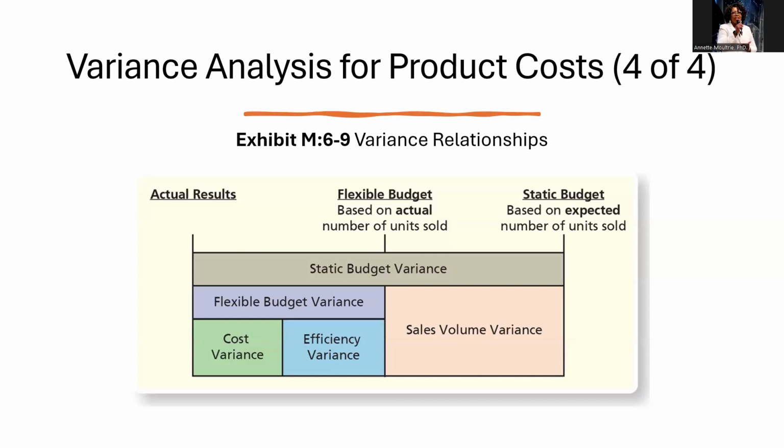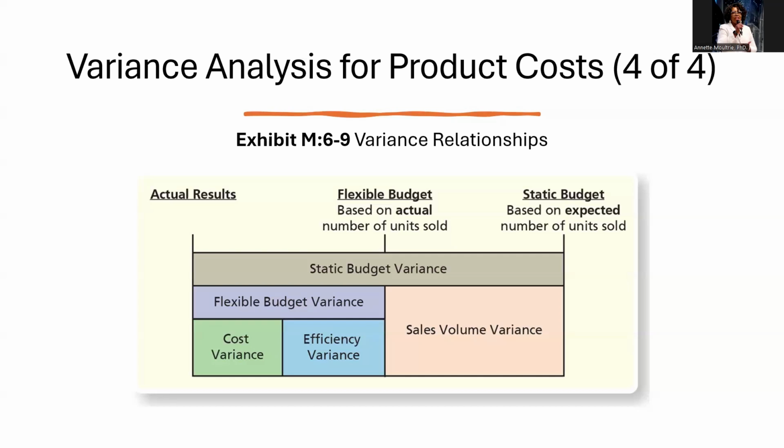And 2, static budgets are not used in calculating cost and efficiency variances. They are only used to determine the sales volume variance, which results from selling a different quantity than originally budgeted.